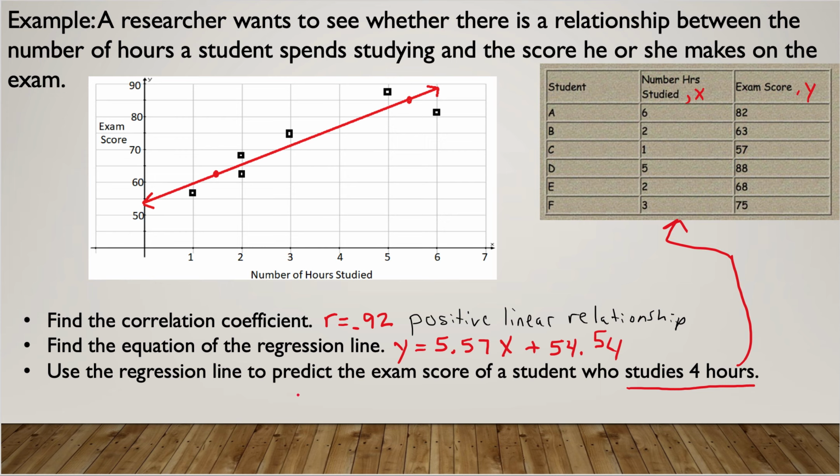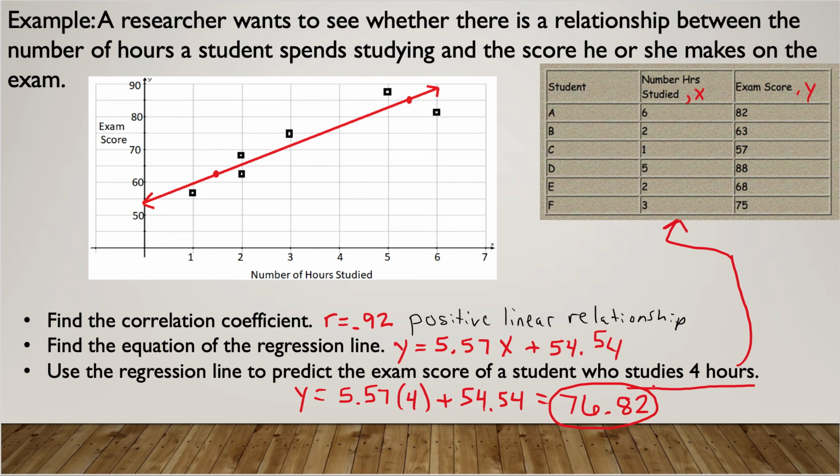So I'm going to take my regression line, and where I have an X, I'm going to plug in the 4. And then I'm going to use my calculator to figure out what that's equal to. All right, so I get 76.82. That would be the predicted exam score for a student who studies 4 hours.